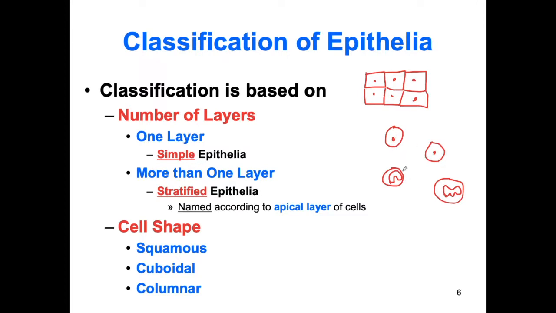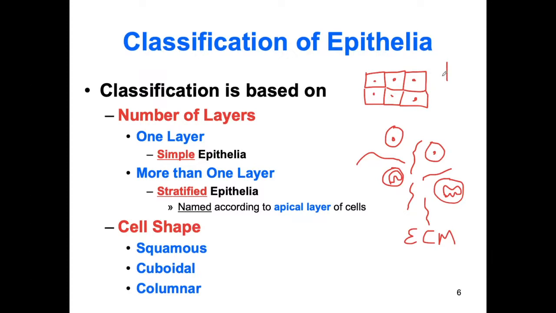Okay, when we see cells that are spread further apart with lots of protein fibers in between, the extracellular matrix, this stuff is seen in connective tissue. Connective tissue is when you have cells that are further apart from one another, and epithelial tissue is when the cells are really closely packed to one another.